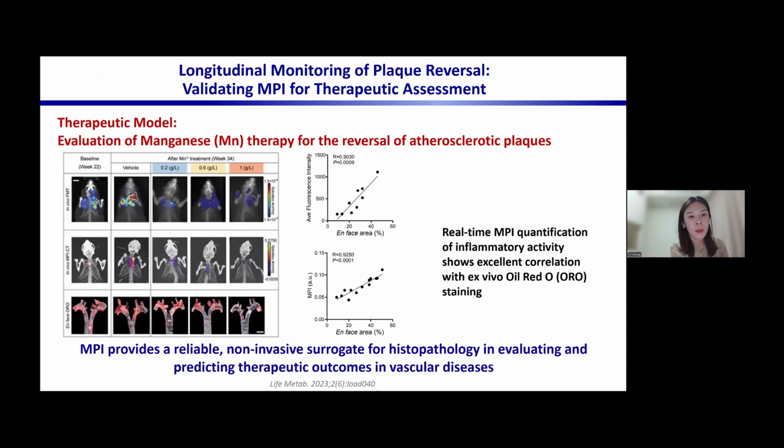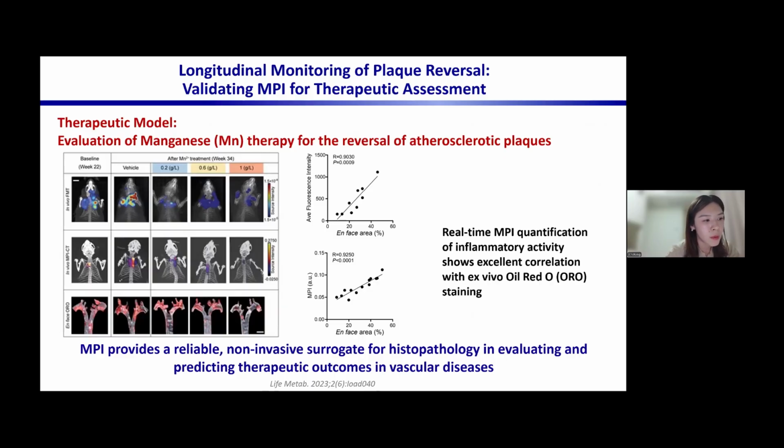Then, using the same probe, we also applied MPI imaging to another study involving a novel lipid-lowering therapy. In this study, we used MPI to monitor the reversal of plaques throughout the entire treatment process.